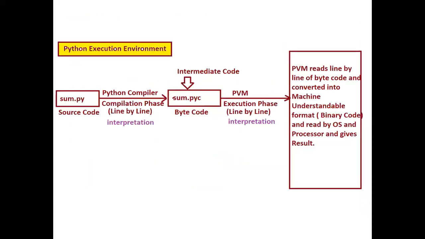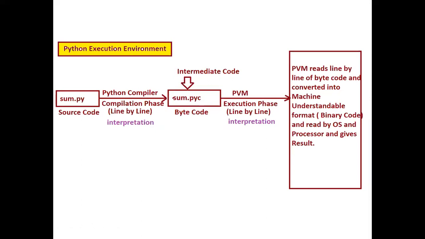Let me show you with the help of a diagram. This is the execution program. This is the source code. I have saved one file with the name sum.py. Now the compilation process takes place. It reads the source code line by line. If some error is there, it will display the error. If no error is there, it will be saved as .pyc, the bytecode, an intermediate code, that is sum.pyc.